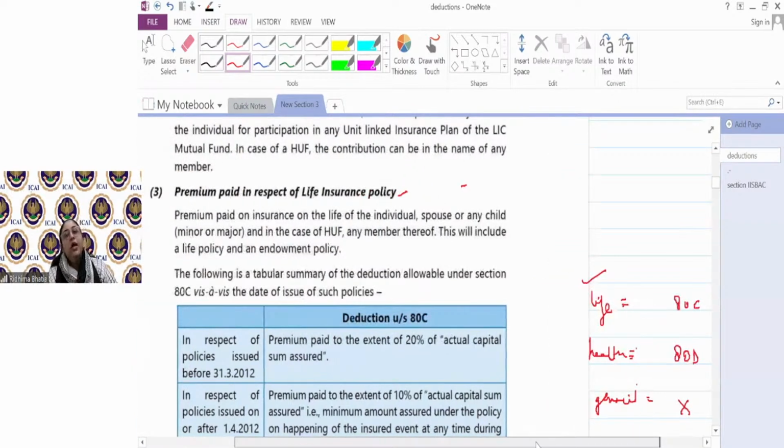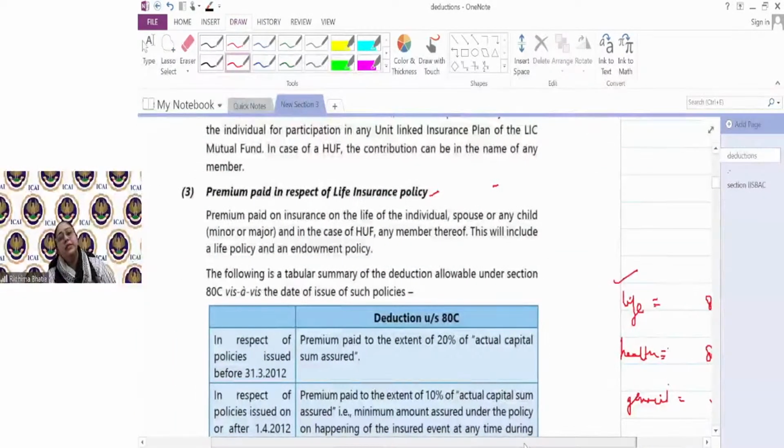Okay. So now in a life insurance policy, what will happen? There is a certain sum assured which you will get on its maturity. When I talk about life insurance policy, there is term insurance and there are endowment plans. So you have to make a contribution for a certain number of years and then that coverage is secured.